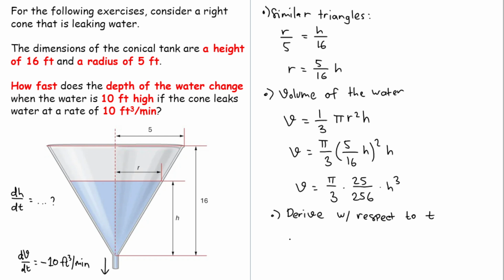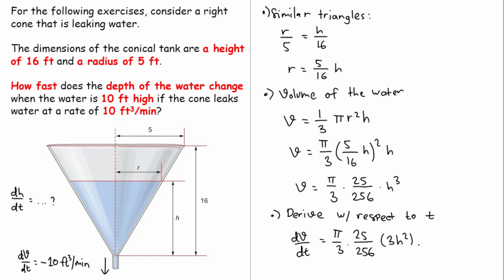So we will have dV/dt here on the left hand side. And then this part here is a constant, so let's just leave it as is. So I have pi over 3 multiplied by 25 divided by 256, and then the derivative of h to the third power is 3h squared.